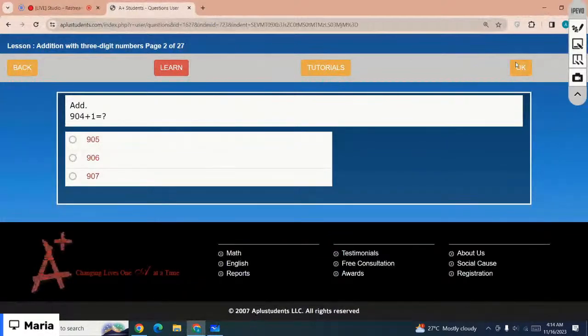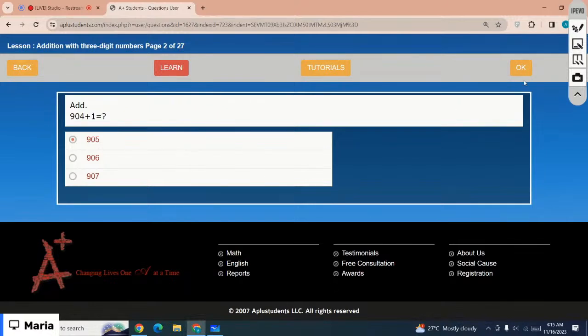Okay, the next one is 904 plus 1. So which is the correct option? 904 plus 1 equals, that is 905, right?